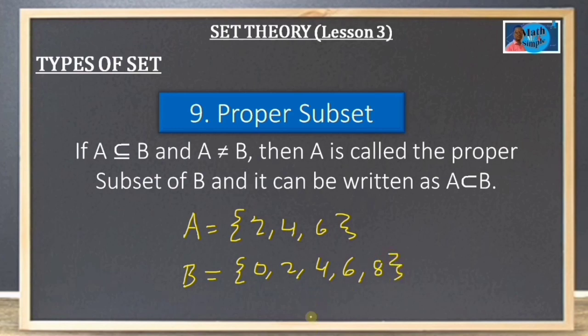Okay, if you have these two sets, A and B, what you see is that all the members of A are within set B, but not all the members in set B are found in set A. So in that case, set A is a proper subset of set B because set A is within set B, but they are not equal. Okay, so we say that set A is a proper subset of set B.